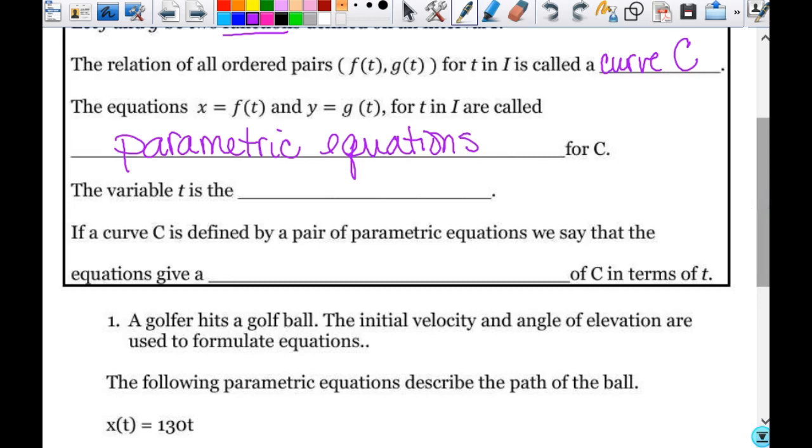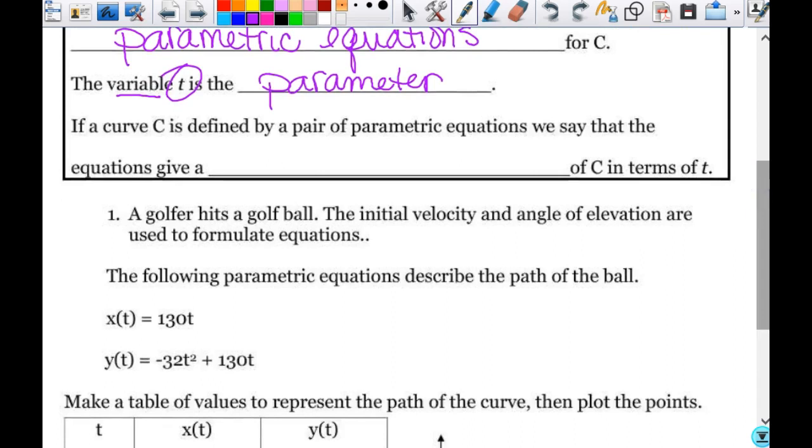So the variable t is the parameter. If a curve can be defined by a pair of parametric equations, we say that the equations give a parameterization.